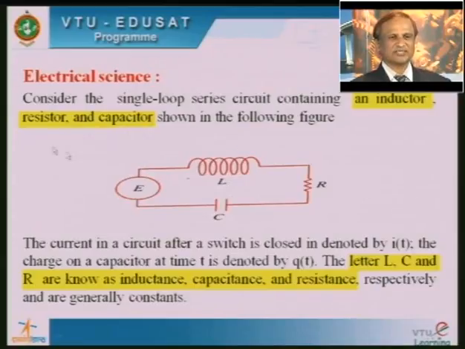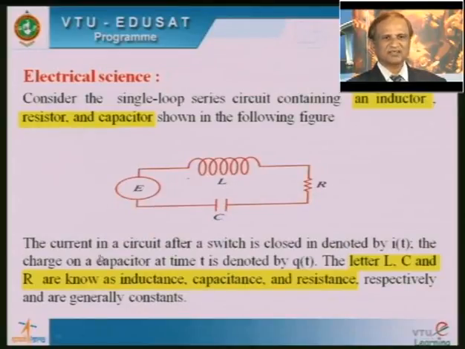We shall discuss that. Consider the single loop series circuit containing an inductor, a resistor and a capacitor, as shown in the following diagram. Is it clear? We can represent them as L, C, R. R means a resistor, C means a capacitor.